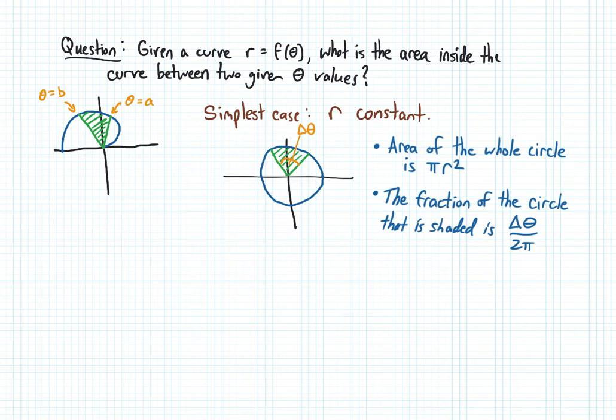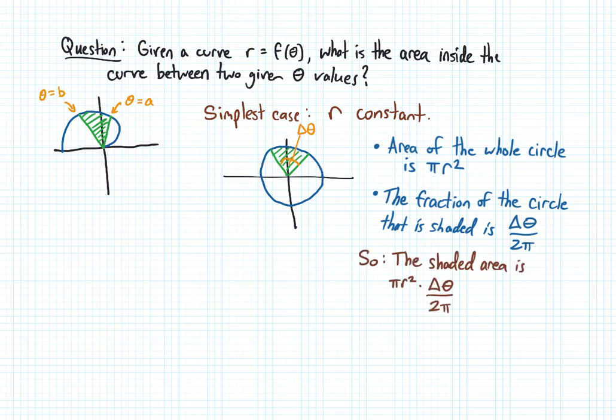And another thing that we know is that the fraction of the circle that is shaded is delta theta over 2 pi. And that's because the whole circle would be when delta theta is equal to 2 pi. If delta theta was equal to pi, then that would be half the circle, and so on. And so in general, the fraction of the circle that is shaded is delta theta over 2 pi.